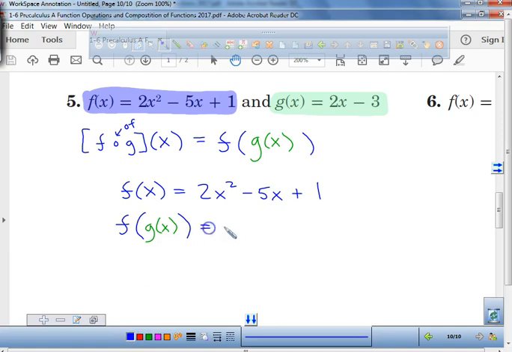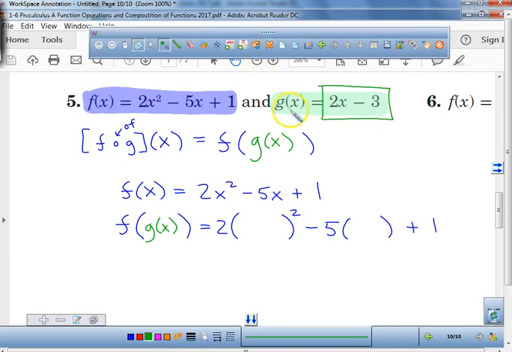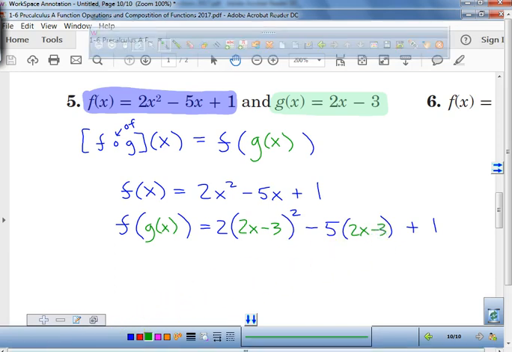So we're going to say 2 open parentheses squared minus 5 open parentheses plus a 1. And wherever there was a value for x, we're going to actually plug in 2x minus 3, because that's what G of x is actually equal to. So we're going to plug in 2x minus 3 right here, and 2x minus 3 right here.